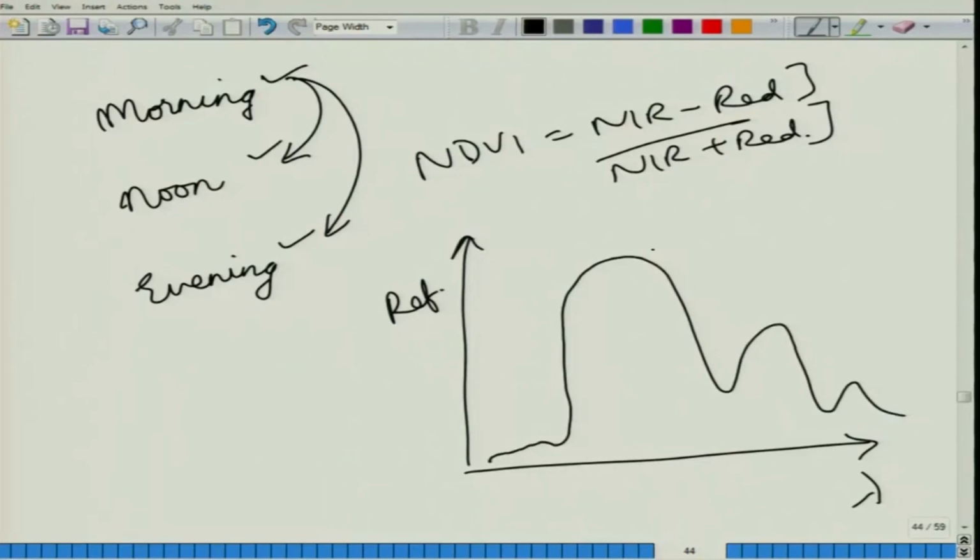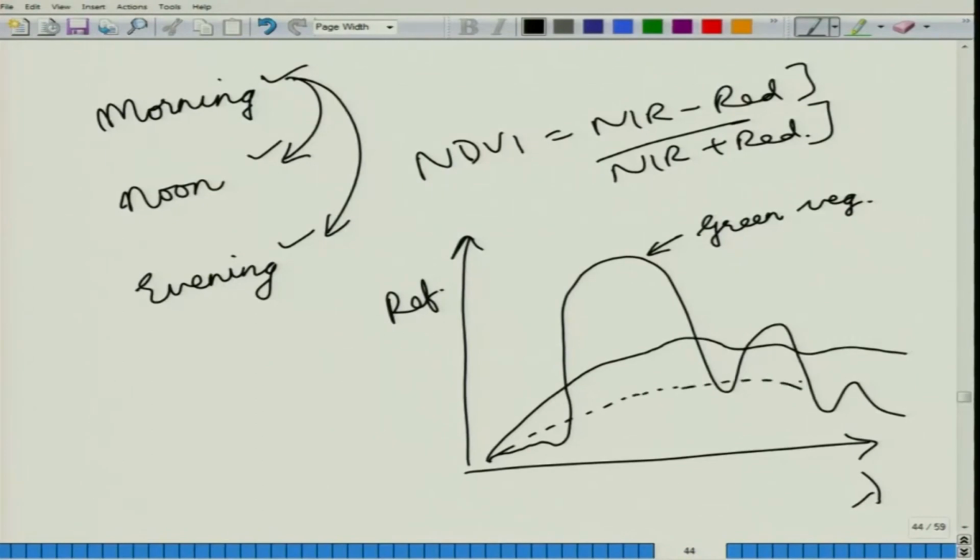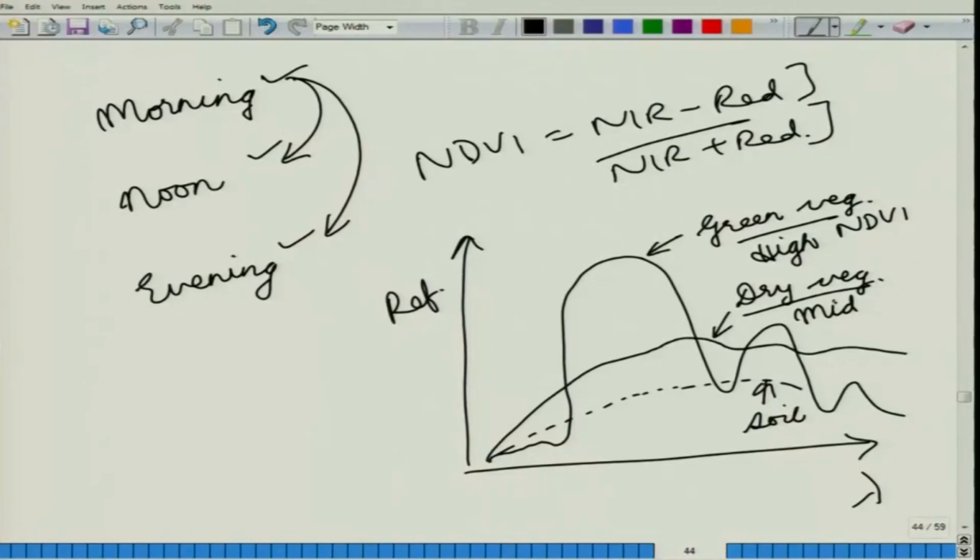In the case of a dry vegetation, it goes like this, whereas in the case of soil, it goes like this. Now, if we calculated the NDVI values, green vegetation will give us high NDVI values, dry vegetation will give us middle NDVI values, whereas soil will give us low NDVI values.